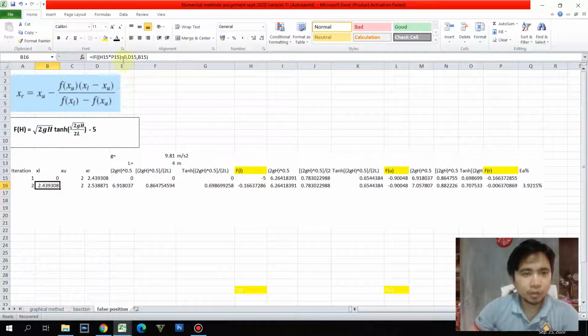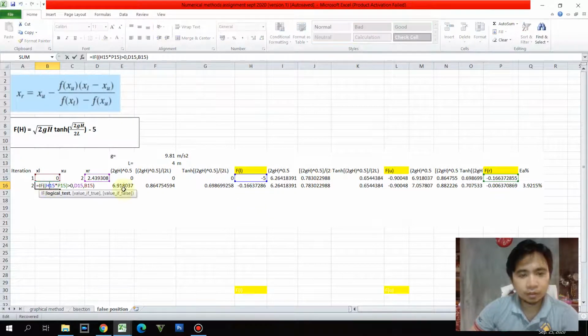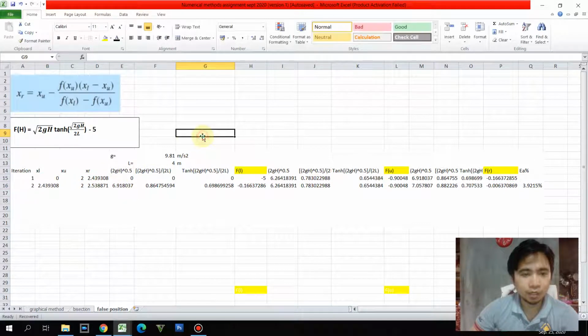We multiply the function of L and the function of r. If it is greater than 0, then we adopt xr. Otherwise, we maintain the original lower limit.